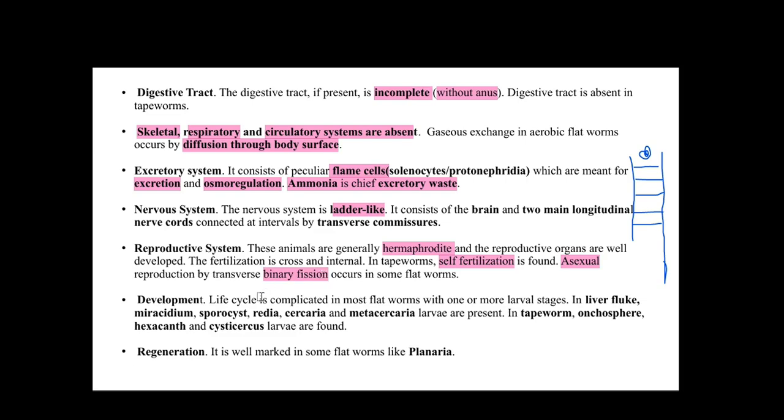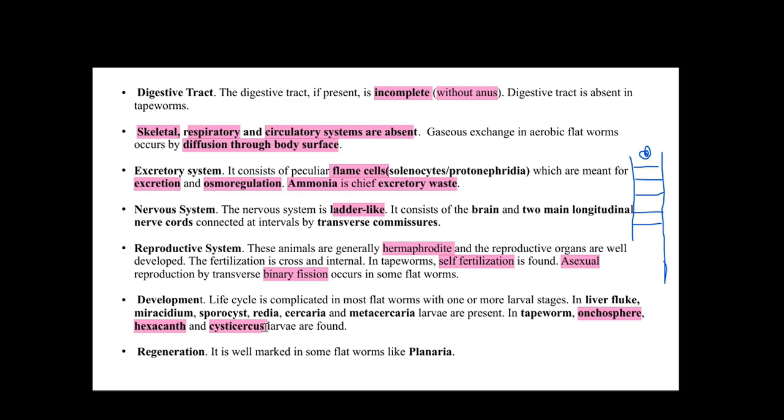Development. Now the development is not only indirect but also complicated. Why is it complicated? Because they don't have only one larva, but three larval stages in the tapeworm: the oncosphere, hexacanth, and the cysticercus larva.